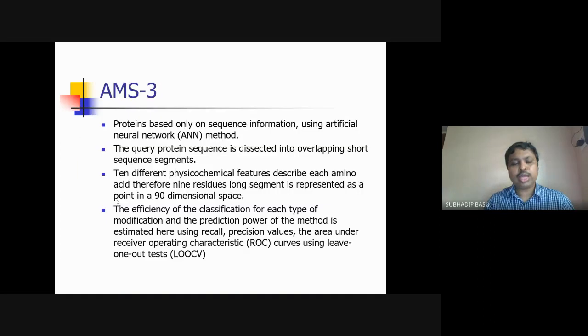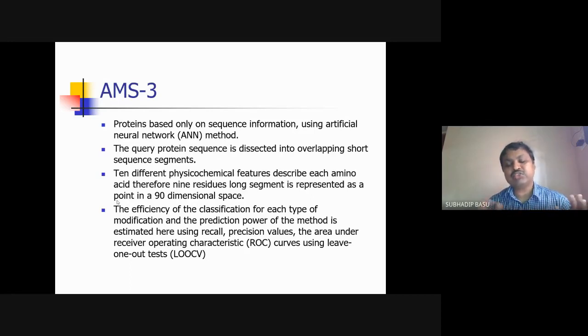I'll discuss in a bit more detail AMS-3, which is designed using an artificial neural network. When you submit a query protein, suppose you have a 300 amino acid long sequence, you dissect it into overlapping short sequence fragments.